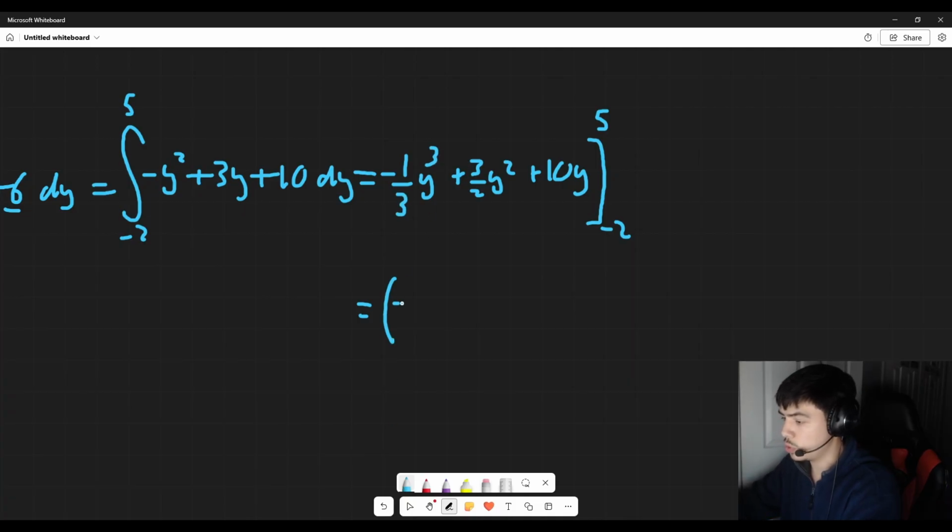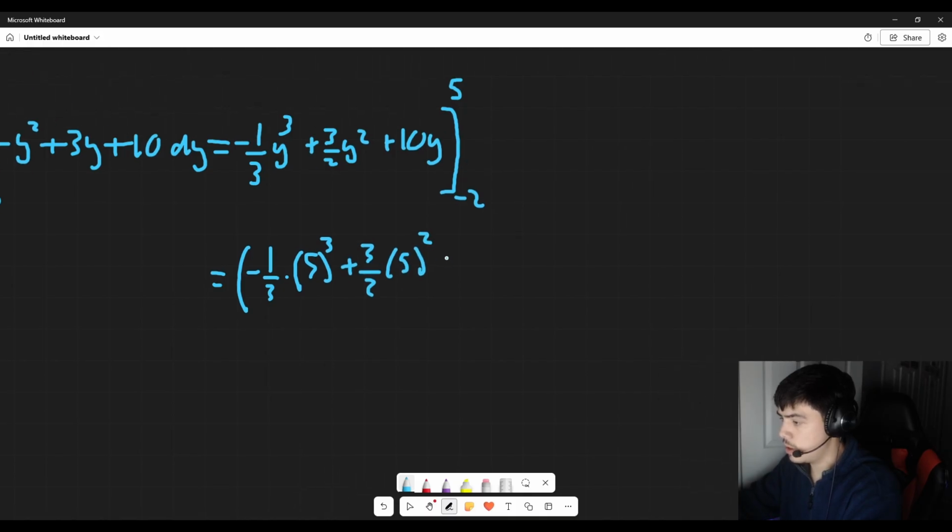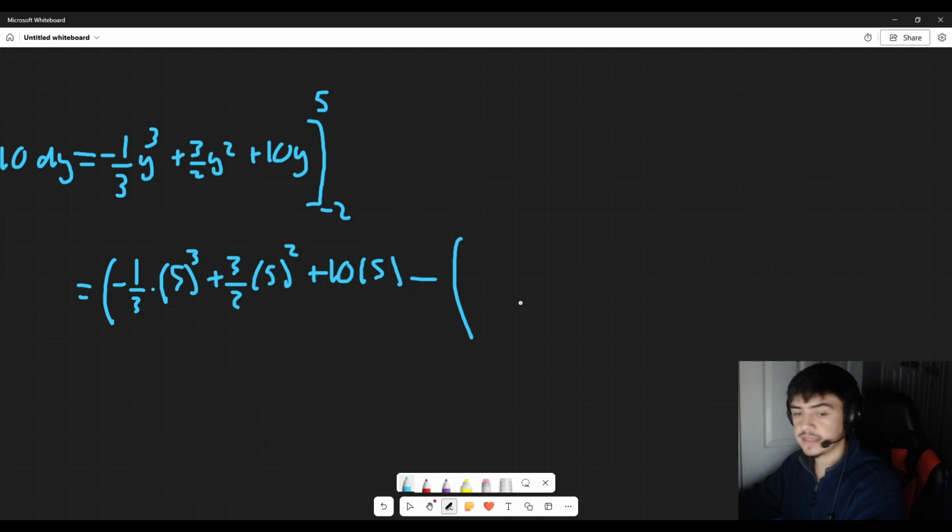So for our first one, we have negative 1/3 times 5 cubed plus 3/2 times 5 squared plus 10 times 5. And then remember, minus our bottom bound, minus parenthesis, always to keep it separated and clean.